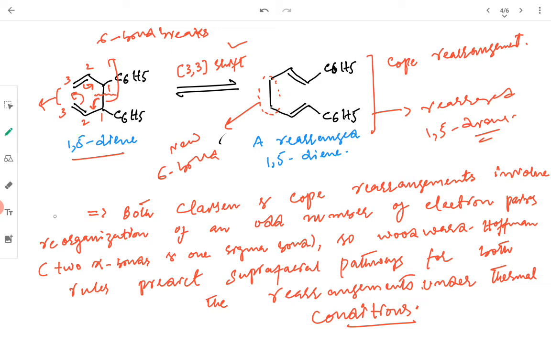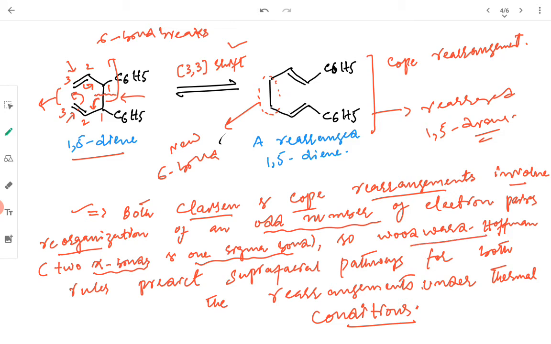So there's an important point here. Both Claisen and Cope rearrangements involve reorganization of an odd number of electron pairs, 2 pi bonds and 1 sigma bond. So 2 pi bonds means this is one pi bond, this is one pi bond, and this is a sigma bond. So there are 3 electron pairs involved, 2 pi bonds and 1 sigma bond.